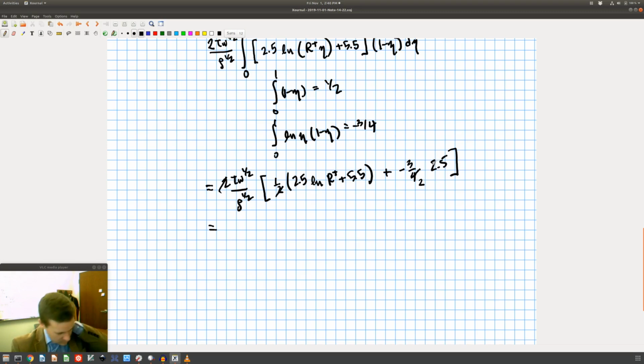And this now becomes tau w to the 1/2 divided by rho to the 1/2 multiplied by 2.5 natural log of r plus, and then I have 5.5 minus 3/2 times 2.5, and that ends up giving me 1.75.